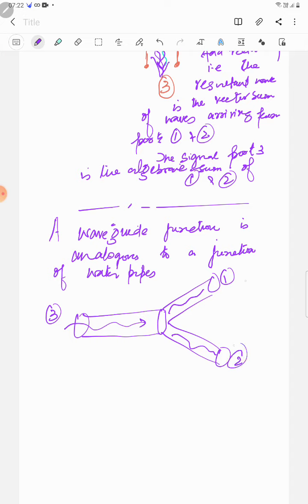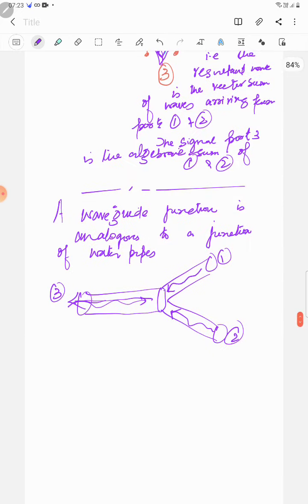Or for that matter, water coming from ports 1 and 2 can add up and come out from port 3. So this is simply the addition of two water waves, or splitting of water from a single pipe to different pipes. So this is what waveguide junctions primarily are meant for.